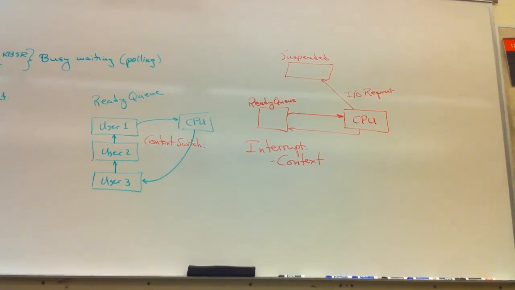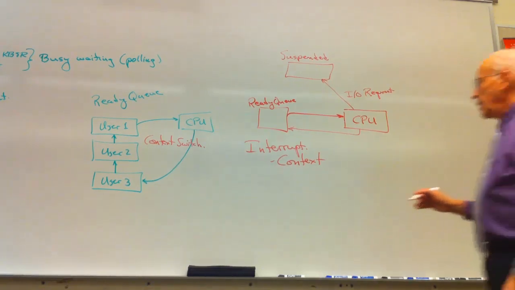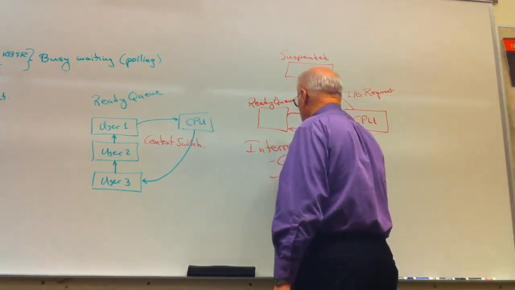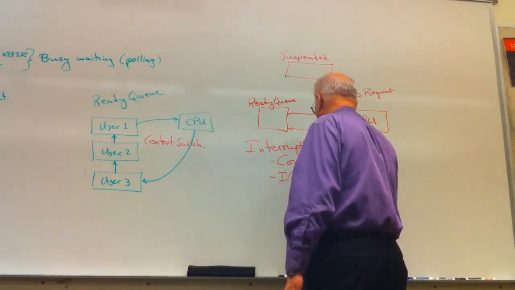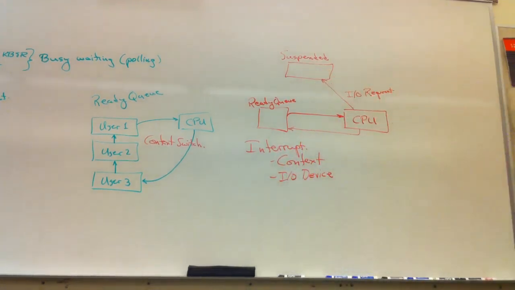The CPU, all the registers, all the memory, all the rest of that is just like it was when you stopped. That's an important thing. The other thing that you have to keep track of is what I/O device you are waiting on. You have to know that. That's a part of the way the thing works.